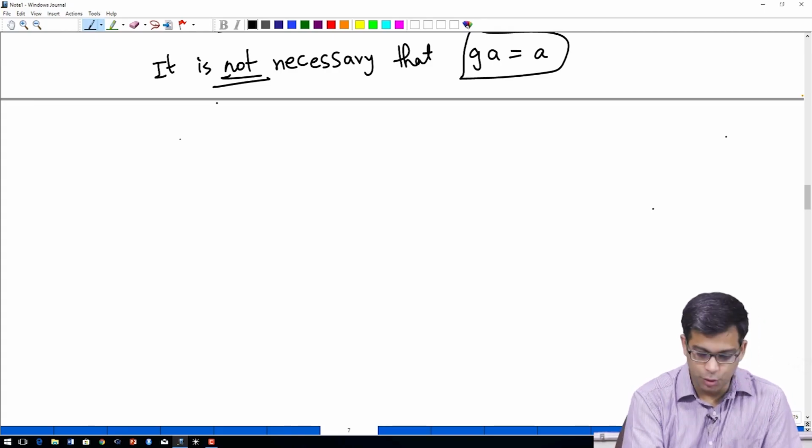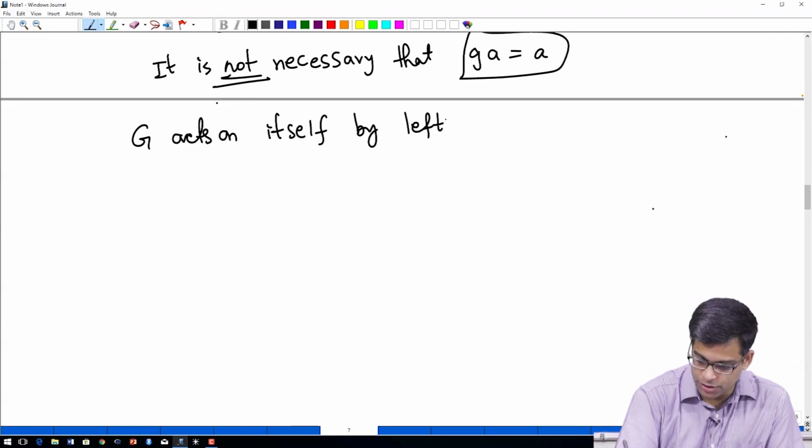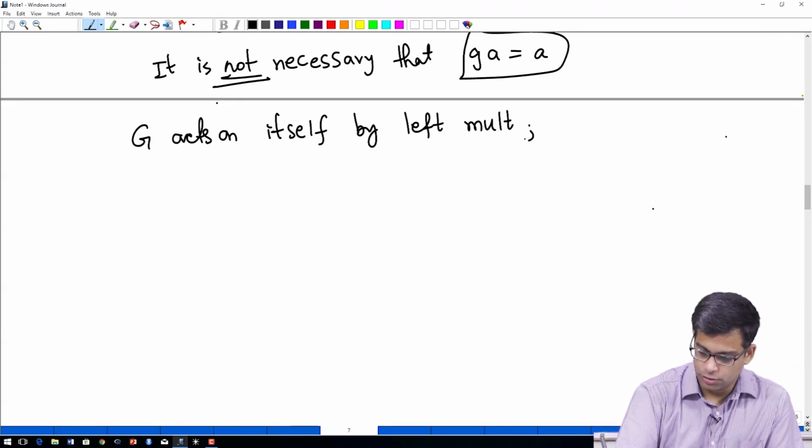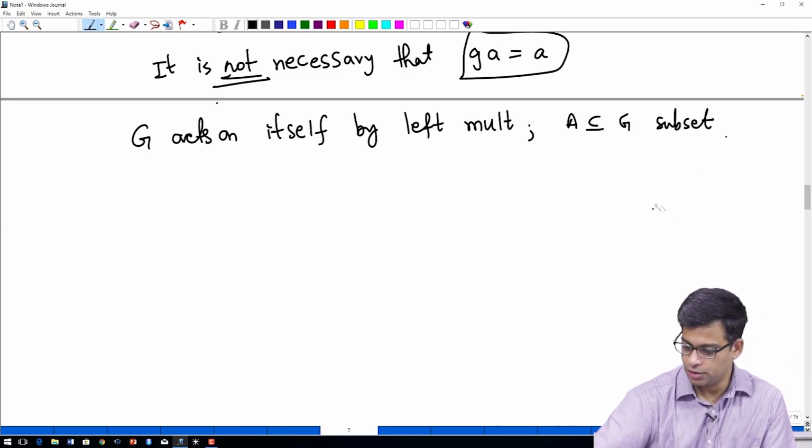Suppose that G again acts on itself by left multiplication and A is a subset of G. We have extended the action of G to subsets as above.